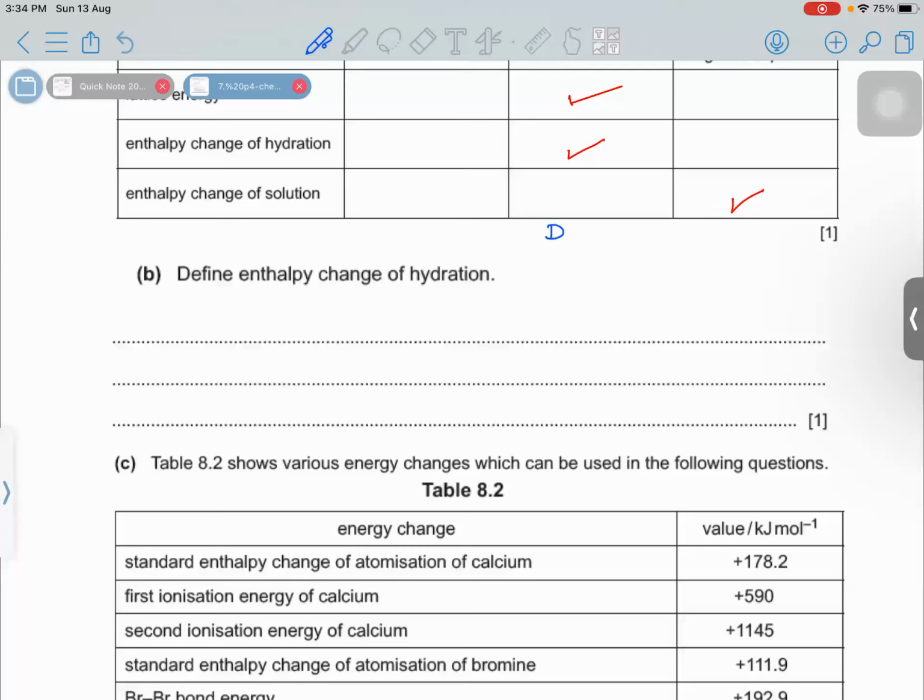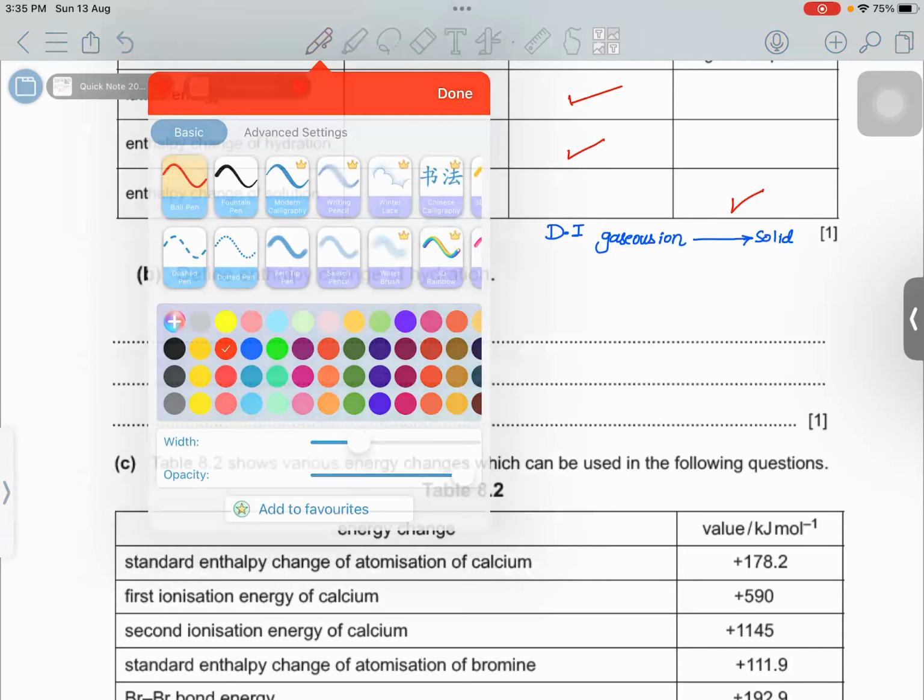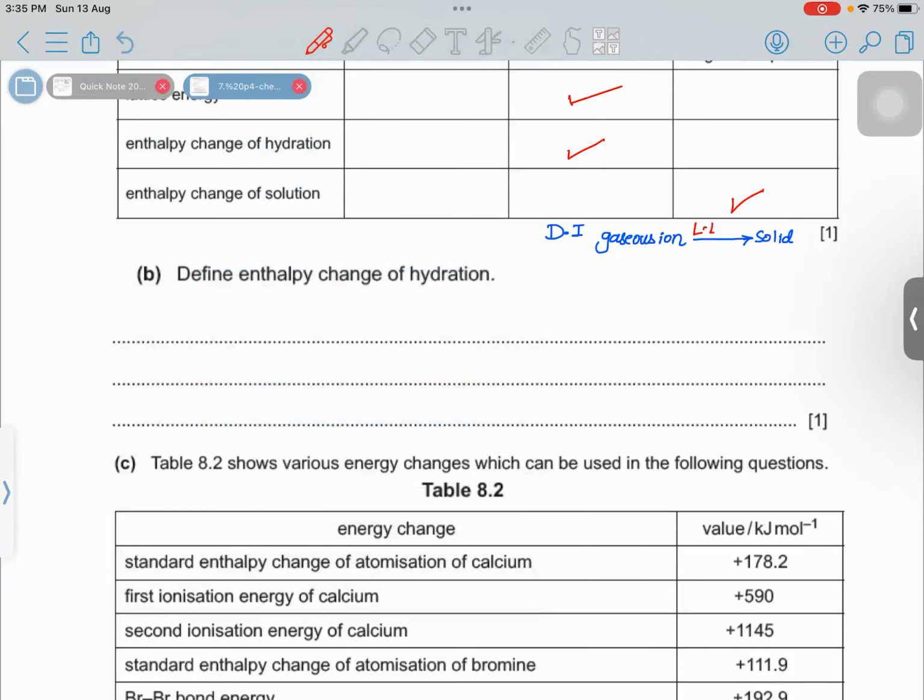Now look at here. Always remember my diagram. The diagram is very important. Whenever you have gaseous ions and a solid is formed, this is called lattice energy.